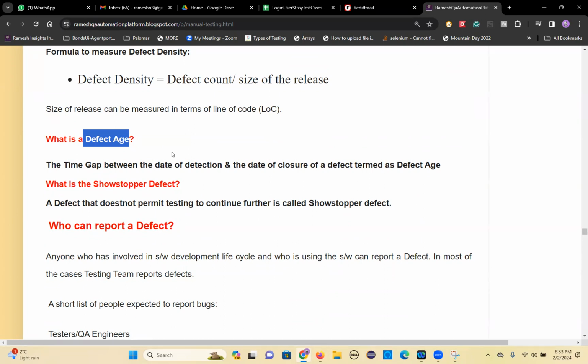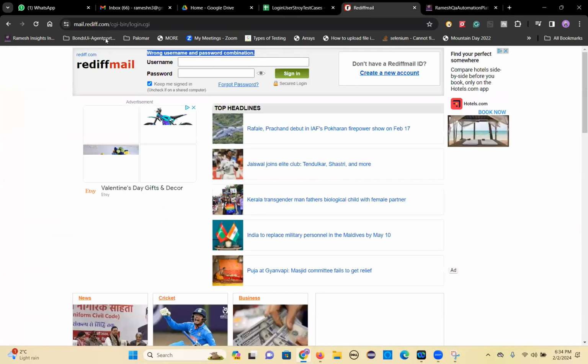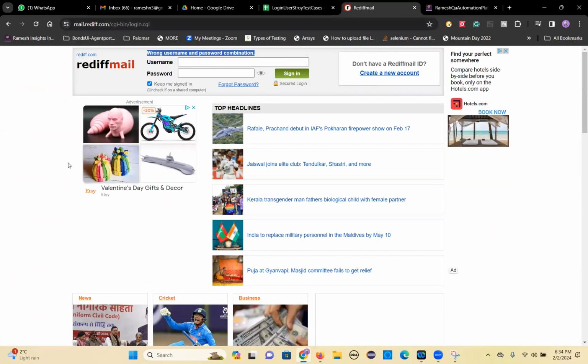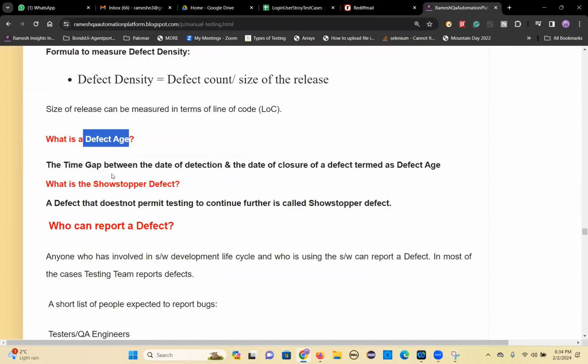That means if there is a blocker or showstopper bug, you cannot execute the further test cases. That is blocking. Like when you enter this, you're getting a page not found error. That's a blocker. So that is a showstopper or blocker bug, we call that.